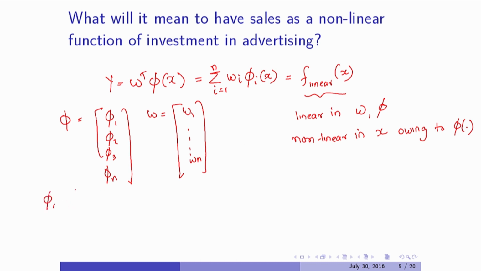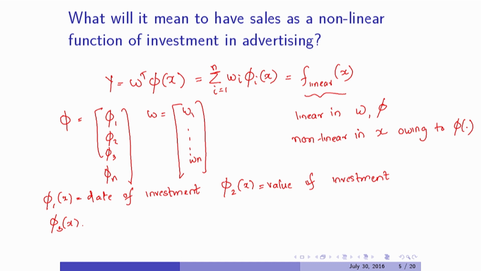Just recap the example of phi's. So phi 1 of x could be the date of investment, phi 2 could be the value, phi 3 of x could be the time of investment, or rather the time of commercial.